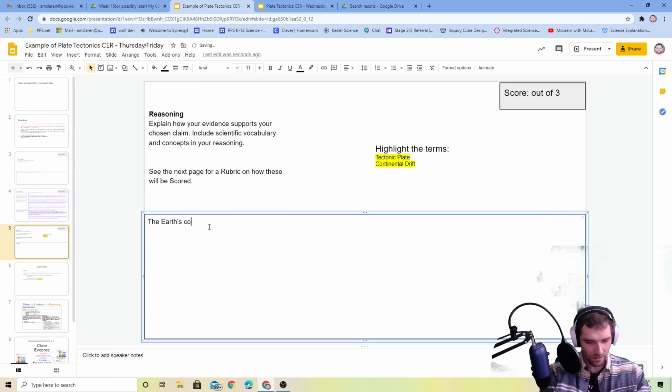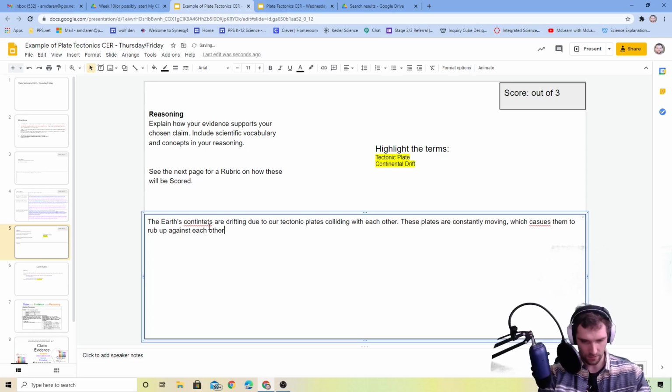The Earth's continents are drifting due to our tectonic plates colliding with each other. These plates are constantly moving, which causes them to rub up against each other.